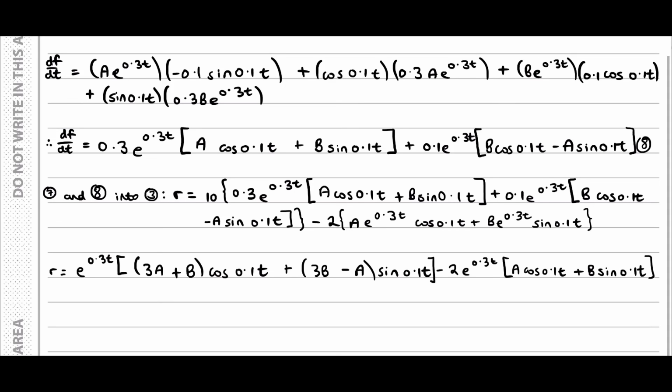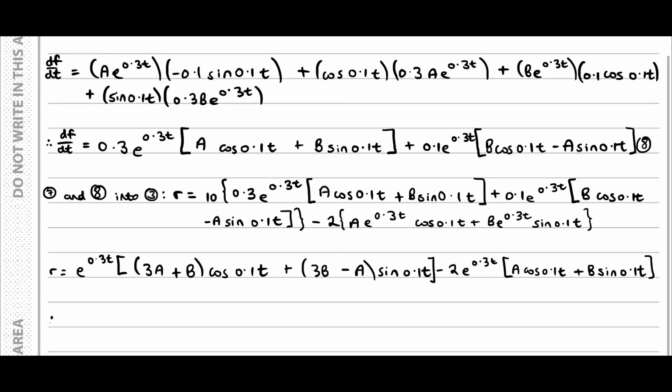And 3a minus 2a, so in terms of cosines, we have 3a times cos of 0.1t minus 2 times a times cos of 0.1t.